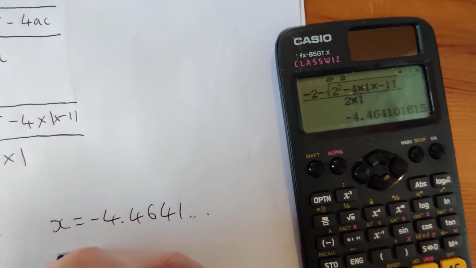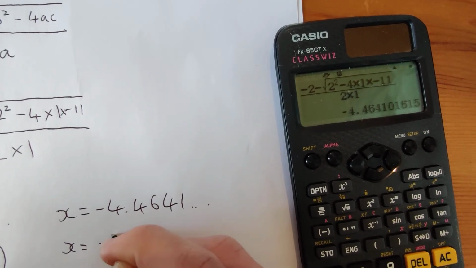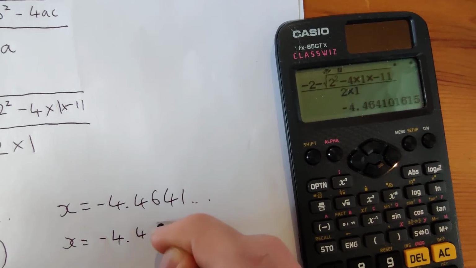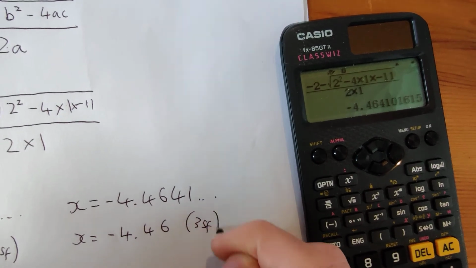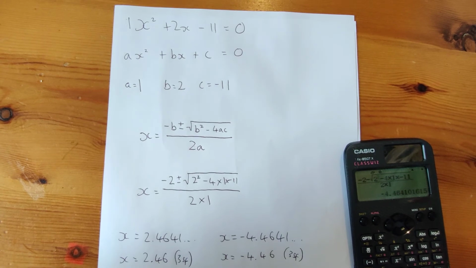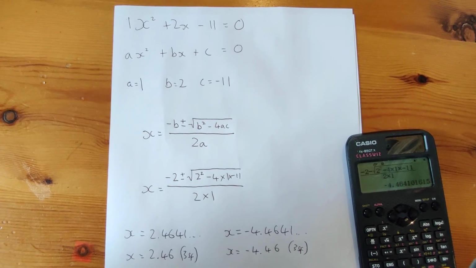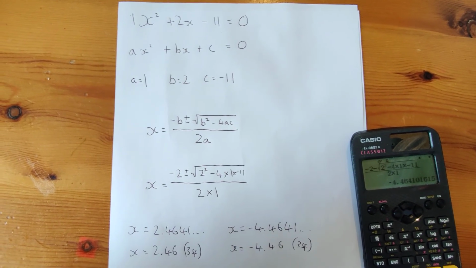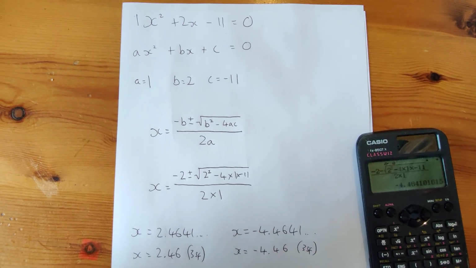Lots of 4 ones here. So x equals minus 4.46 to 3 significant figures. And that's it. So it seems really complicated at first, but actually all I'm really doing is just substituting and then typing it in my calculator, and the calculator does the rest of the work.